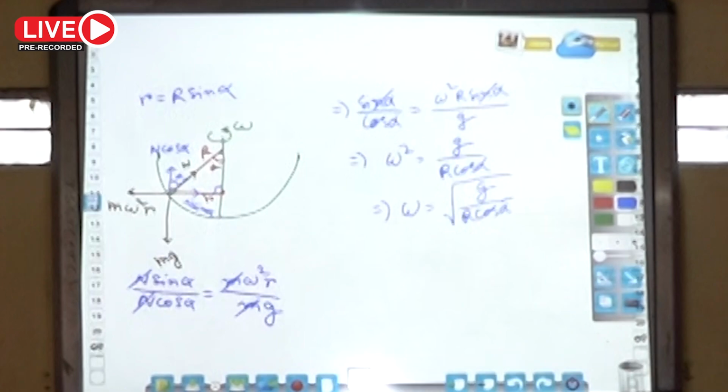Okay, so you can use any method, but it is generally advised to use the non-inertial frame in this case, because in the non-inertial frame you can simply balance the forces, and you can consider the body is at rest in the non-inertial frame. So it is much easier to apply the equations.